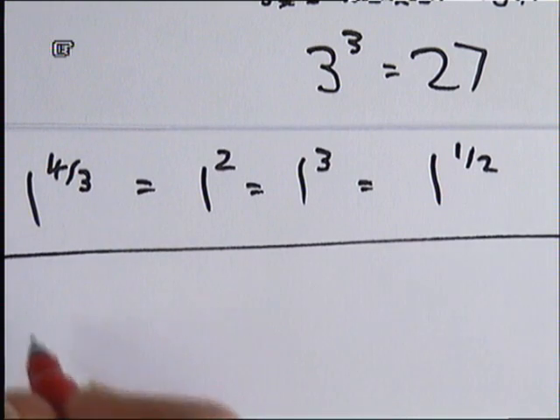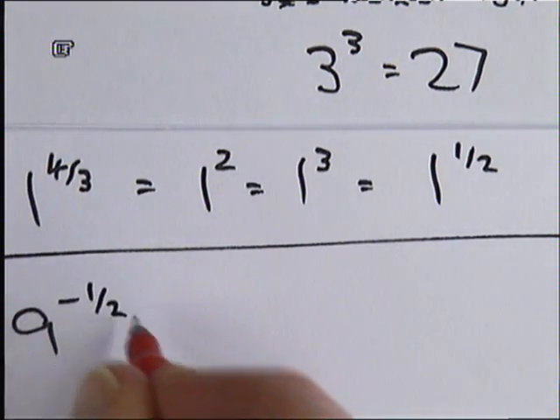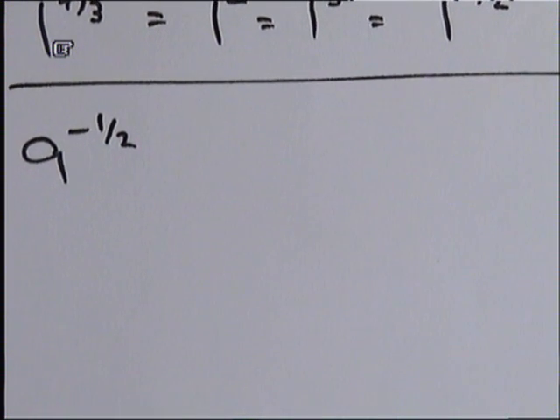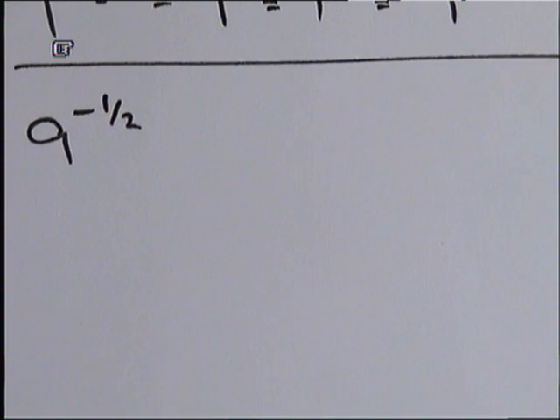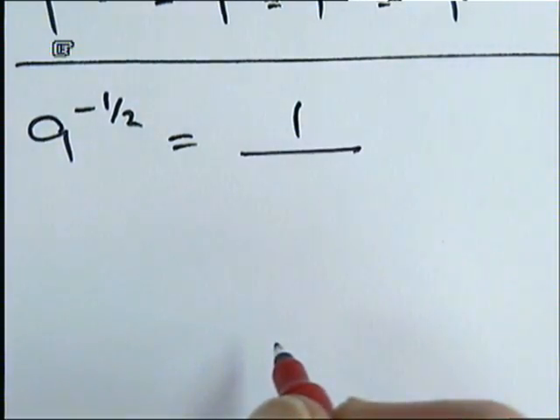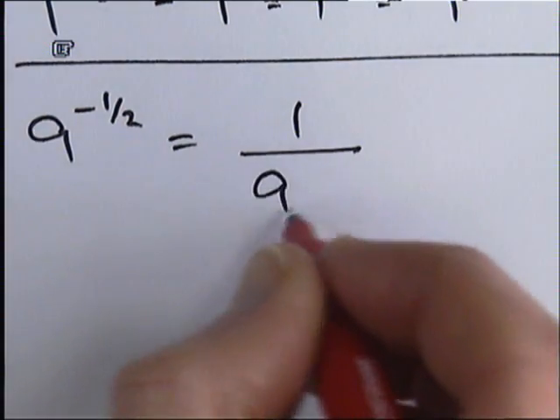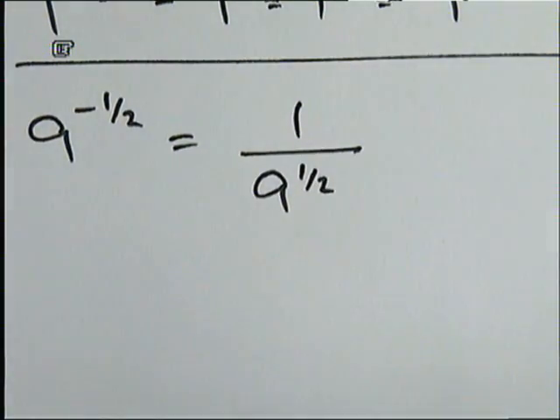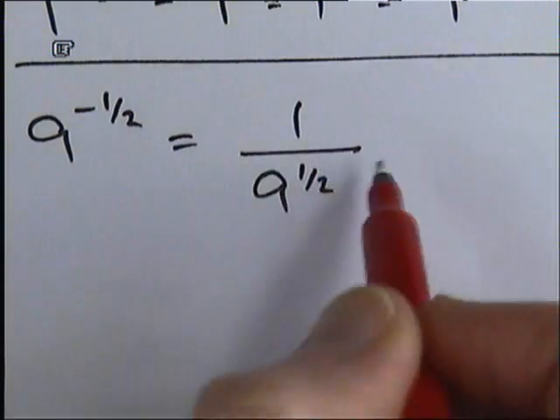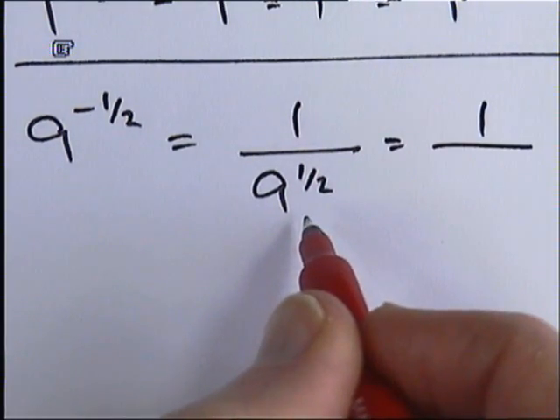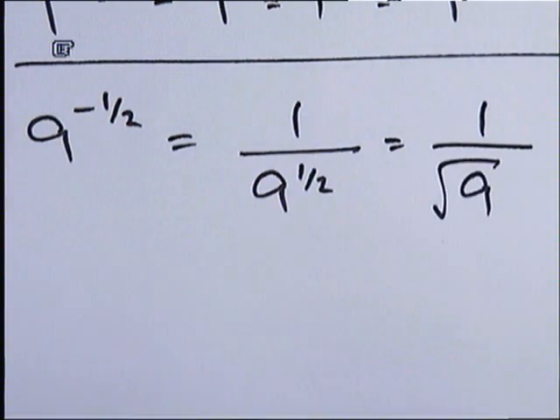If we have a look at another one, 9 to the power of -1/2. We said in the laws of indices video, if you haven't watched that one, it might be a good idea to see that first, how to work with indices, that a minus power means 1 over. And then you just write this thing down again, but without the minus sign. So I'll just write the 9 to the power of 1/2 underneath. The minus just became the 1 over. 9 to the power of 1/2, we said earlier that the power of 1/2 meant you square rooted.